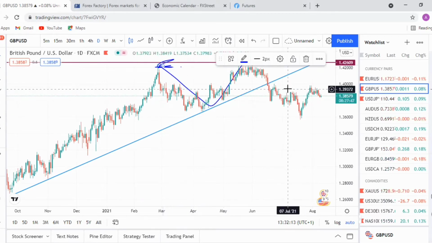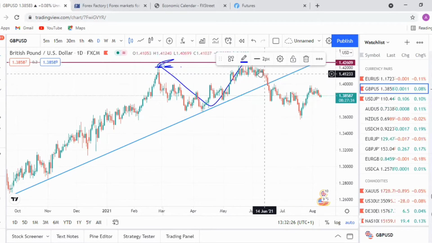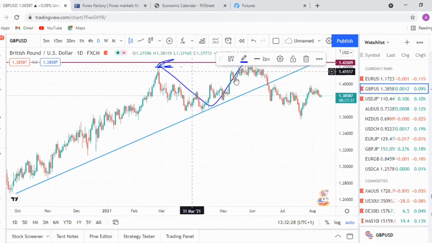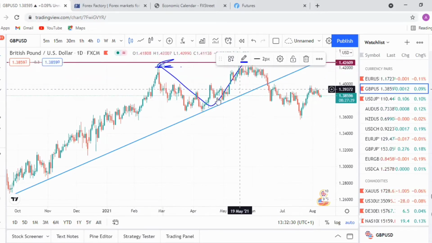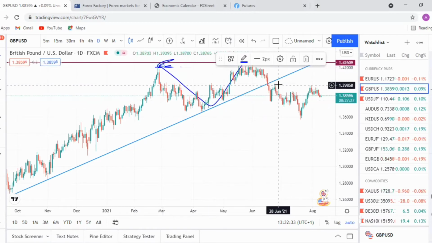Now, this is from a daily perspective. So from the daily perspective, I have roughly analyzed that the market was on an uptrend, and then the price couldn't break the previous high, probably made a double top and is falling down, and then it has broken the trend line and done a retest.